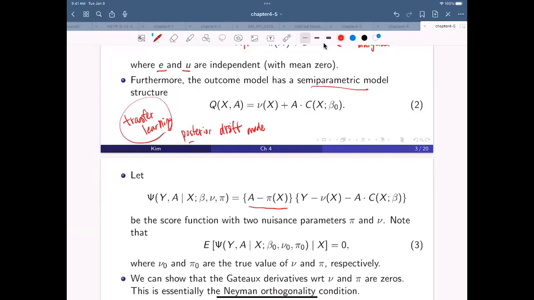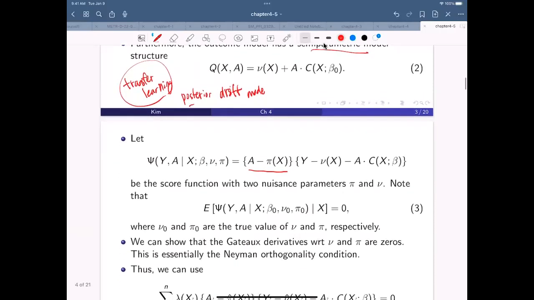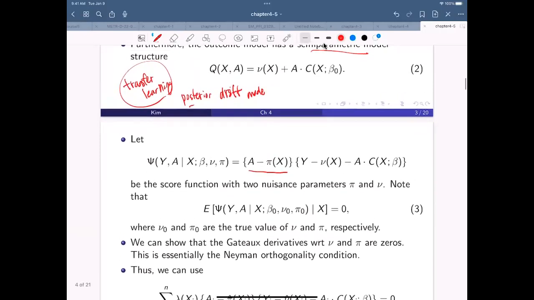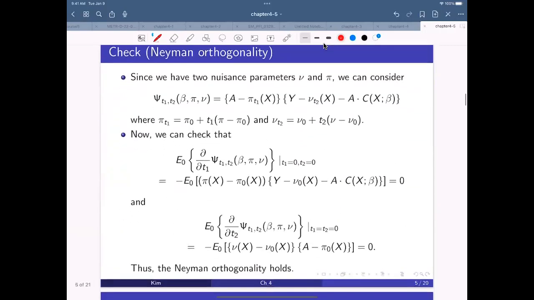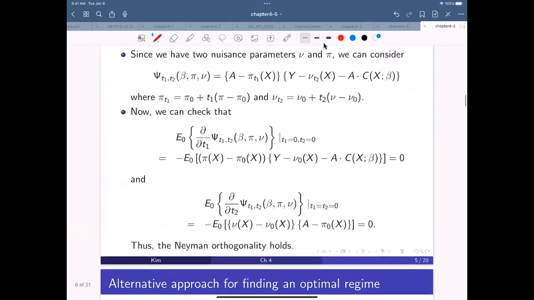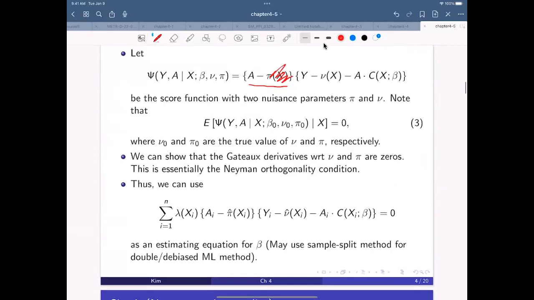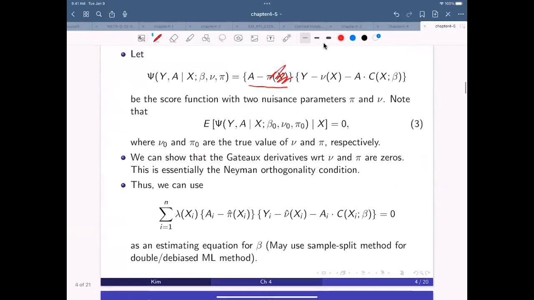Without this, you could just put A and solve this kind of equation.